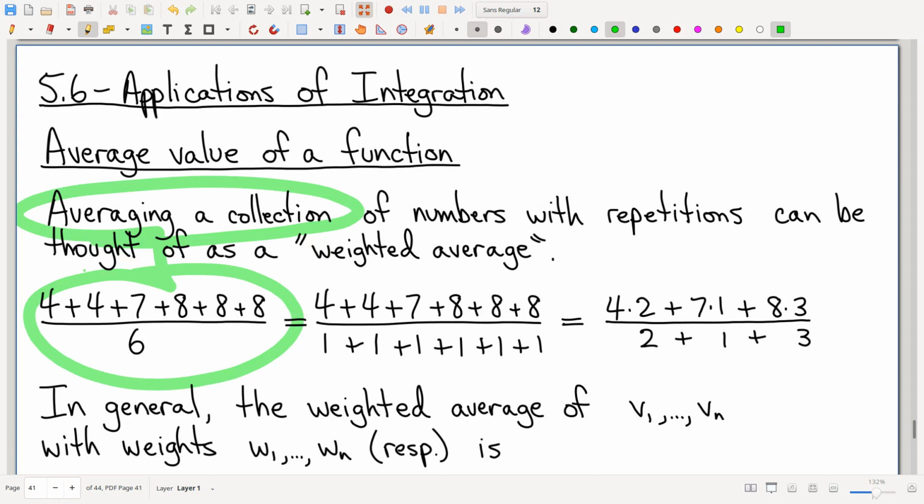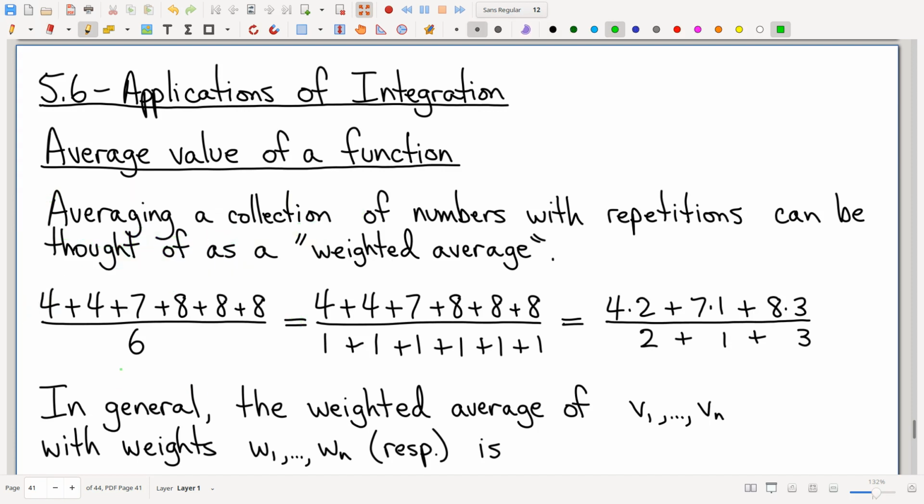Here's an example of me averaging these 6 numbers. Right? So, yeah, but there's a point of view that says I'm kind of averaging 3 numbers. 4, 7, and 8 are the only actual numbers involved here, right? So it's 6 numbers, but there's really only kind of 3 of them in the sense that the 4 counts twice, it contributes twice in the numerator.